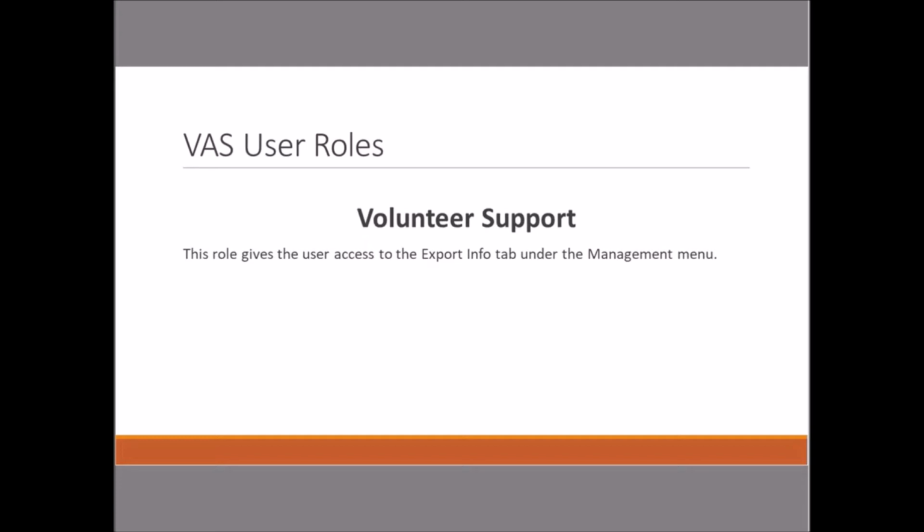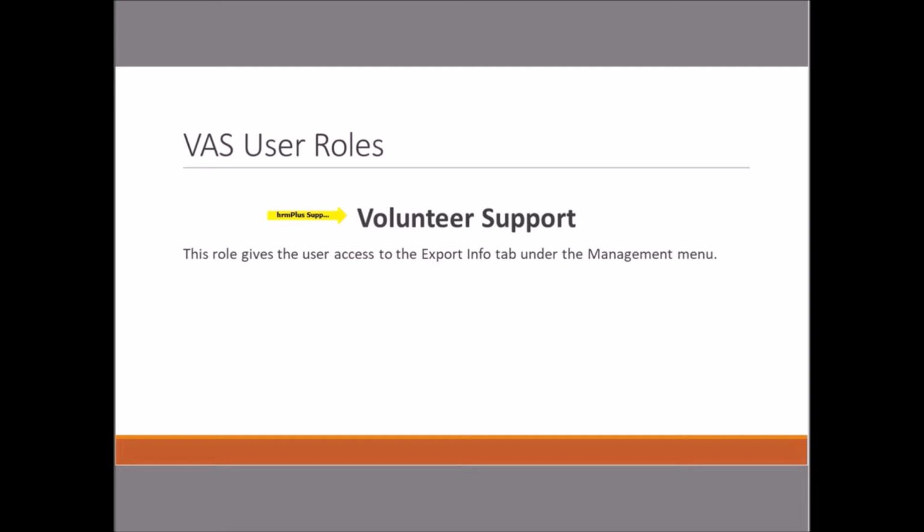So in volunteer, you have a lot of the same roles as the jobs portal because it's basically a pared down version of the jobs portal, but we gave you that volunteer support role because your volunteer coordinators at the building don't need access to the confidential data that you're going to find under the search screen, but they need a way to look at who's been approved and not approved.